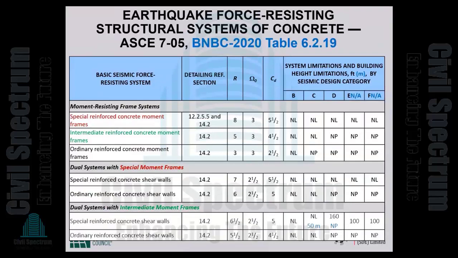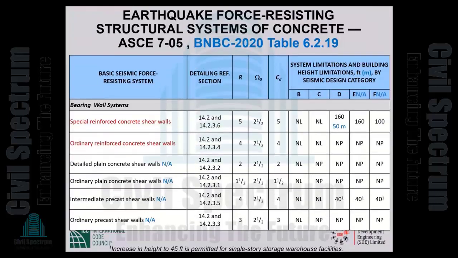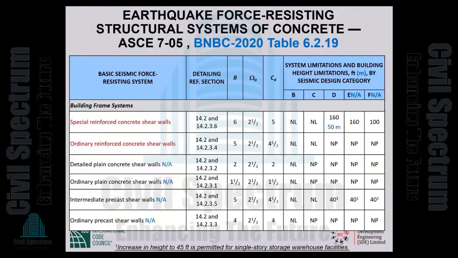Okay, the R, omega sub 0, C sub d values are given in ASCE 7-05 table 12.2-1, BNBC 2020 table 6.2.19. Okay, I have listed the concrete systems: moment resisting frame system, dual system with special moment frames, dual system with intermediate moment frames, bearing wall system, and building frame system.